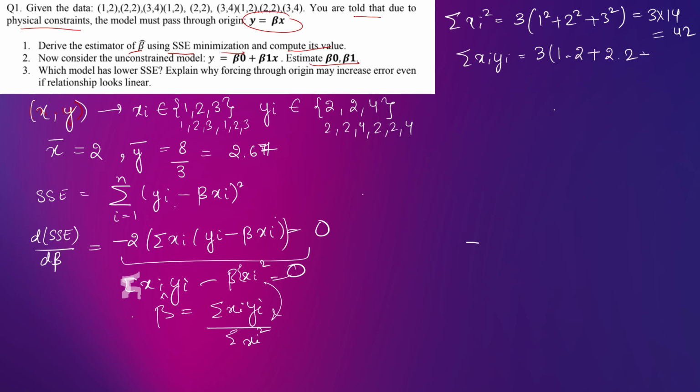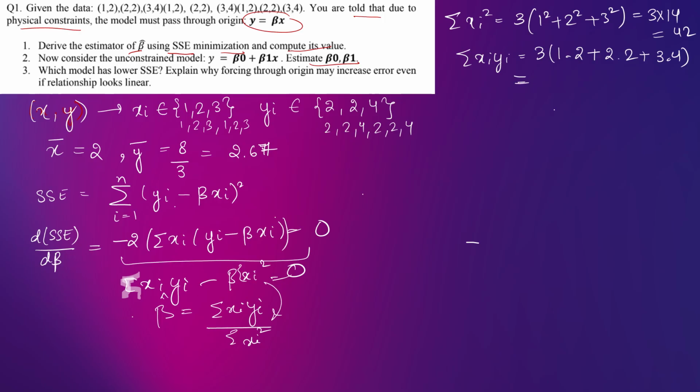So now we'll calculate summation xi yi and summation xi square. Your summation xi square will be 3 into (1 square plus 2 square plus 3 square). You'll get 3 into 14, that is 42. Then summation xi yi will be 3 into (1 into 2 plus 2 into 2 plus 3 into 4), repeating 3 times.